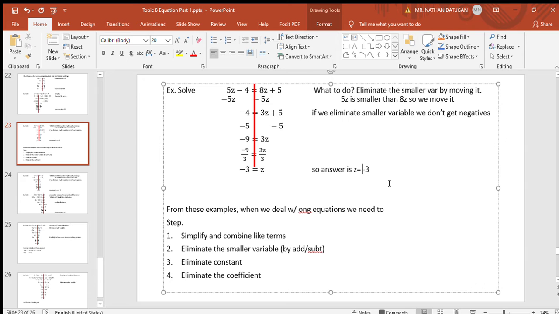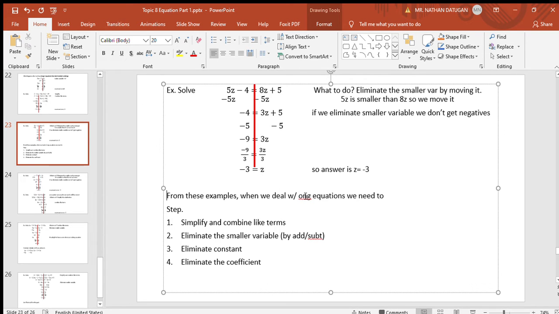So, from those three examples, when we have long equations, here are the steps that you should do. You first simplify and combine like terms. What simplify means: do distribution, and then you combine like terms.